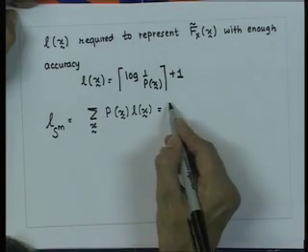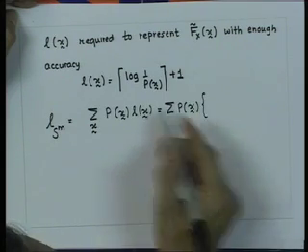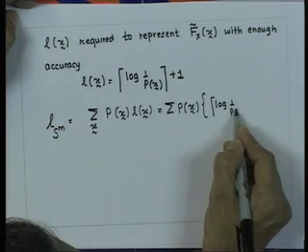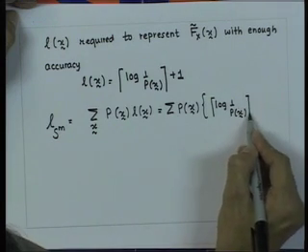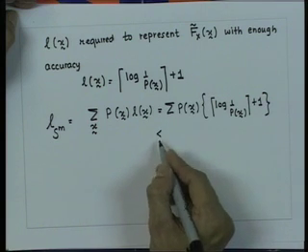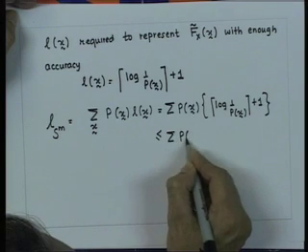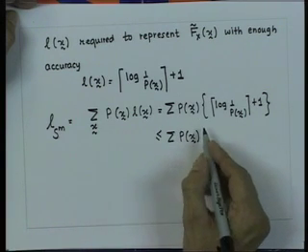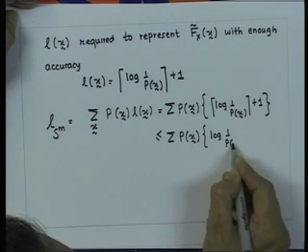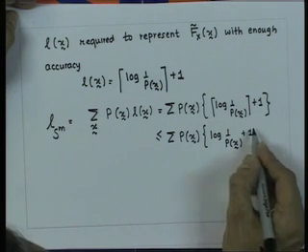Now, this is equal to the summation of P(x) L(x), where L(x) is chosen by this expression, so this can be simplified as less than or equal to the summation of P(x) times log of 1 by P(x) plus 1.